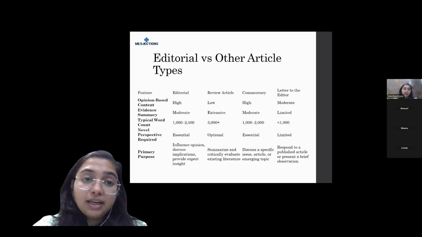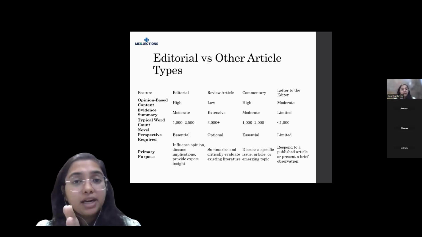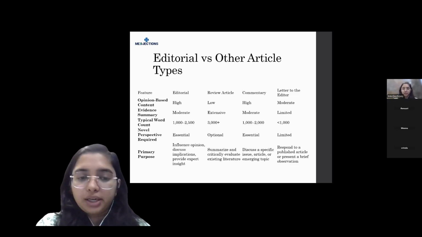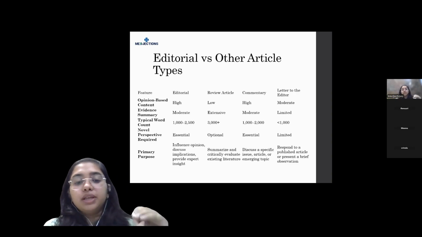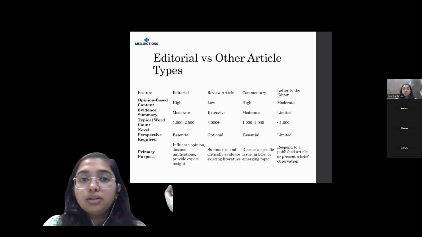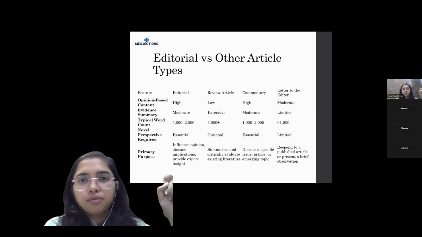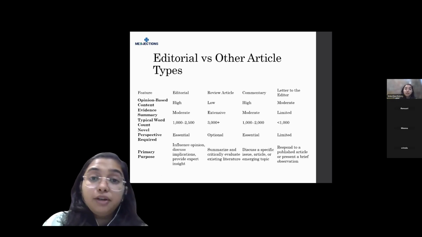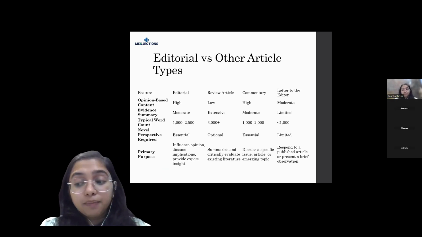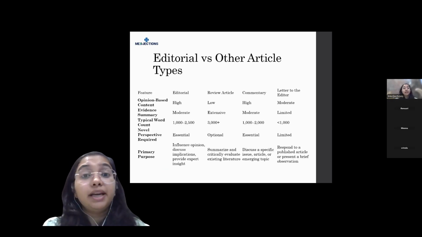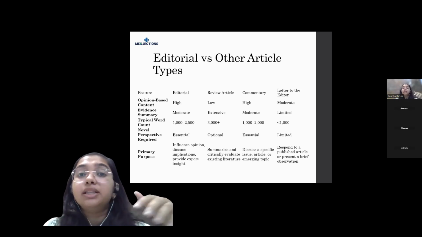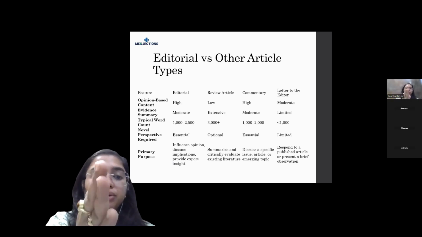But editorial is more like a review article, but a shorter review article. Okay. So in the letter to the editor, we discuss just a brief observation. But in editorial, we talk about the advancement, then what are the implications of it, and the expert insight. So that's why we go with the editorial.